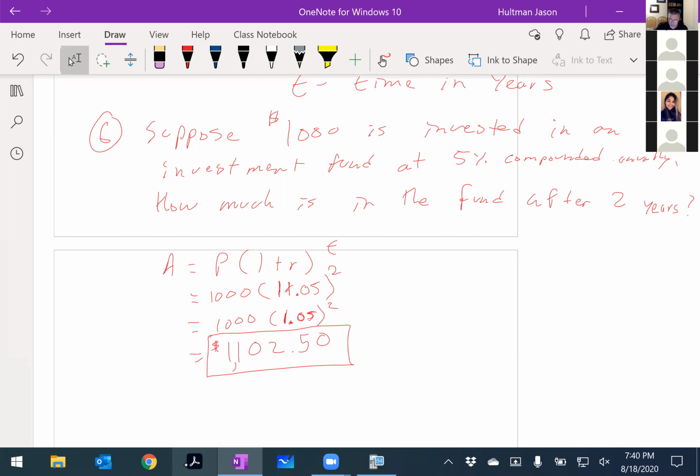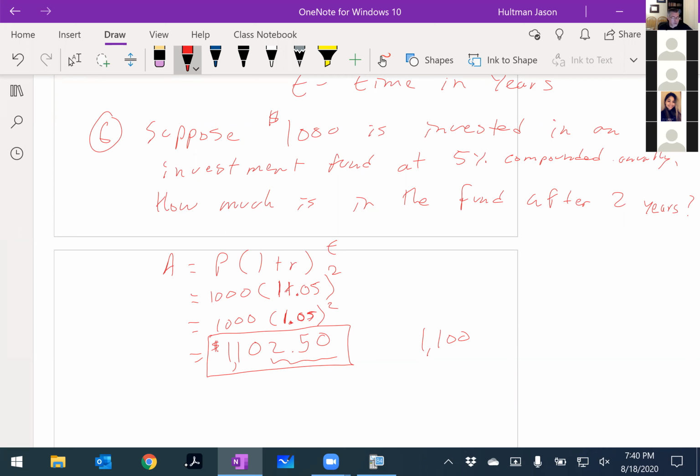I would have made $100 off the 1,000, right, for simple interest. But because I compounded twice, I made more money. I made an extra $2.50. So there you go. That's the power of compounding interest.